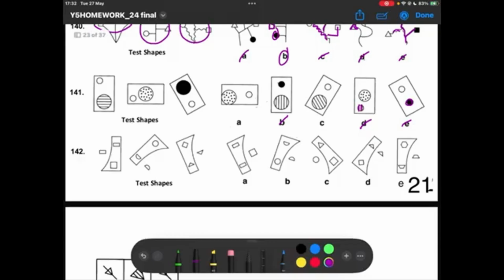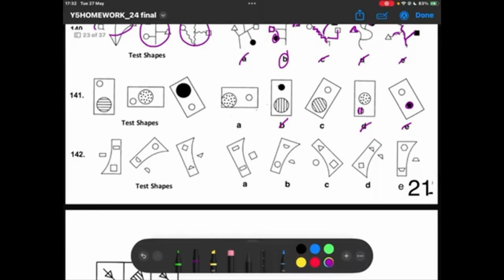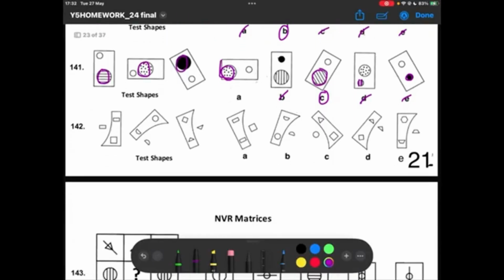So we're left with A and C. And the answer to this one is C because the big circle here is touching the lines of the rectangle, whereas here they never touch the sides of the rectangle. In C, it's not touching the sides, so C is the answer.